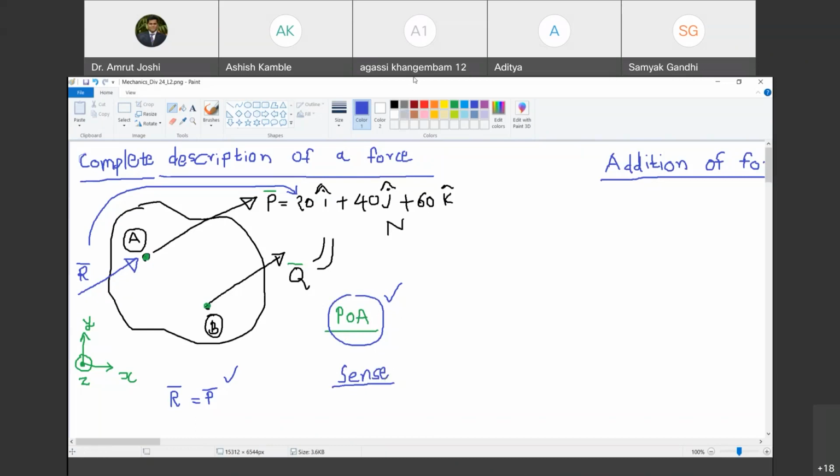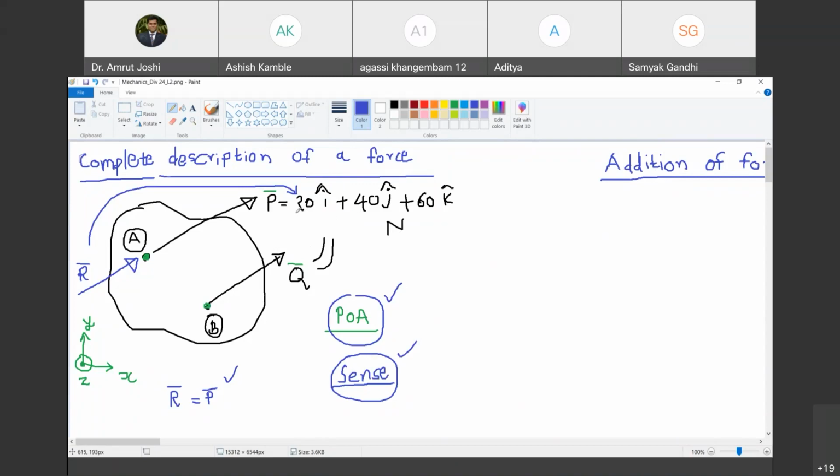Aditya? Yes, sir. So therefore, sense is either pushing or pulling. You should specify the point of application. You should also specify the sense of the force towards that point, whether it is pushing or pulling the body at that point. So all this together gives a complete description of a force.